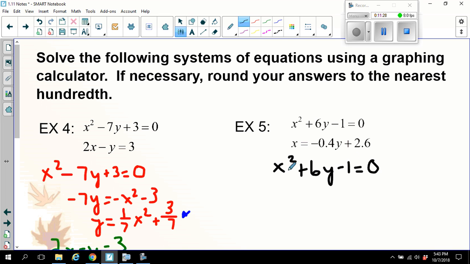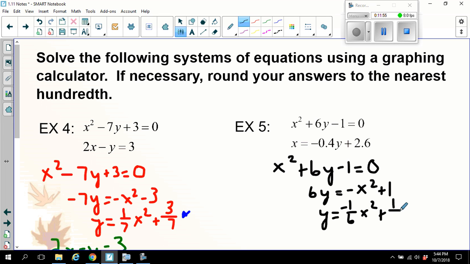Okay, so I'm going to move the x squared and the negative 1 over. So now I have 6y equals negative x squared, and then we have a plus 1. Our last thing is to divide each term by 6. So when we do that, we get y equals negative 1/6 x squared plus 1/6.